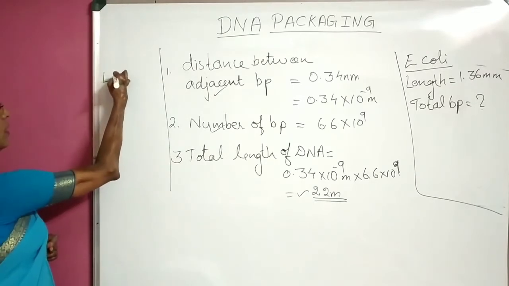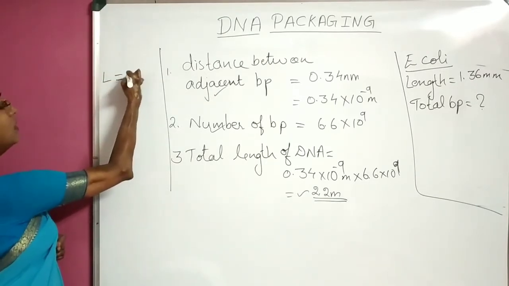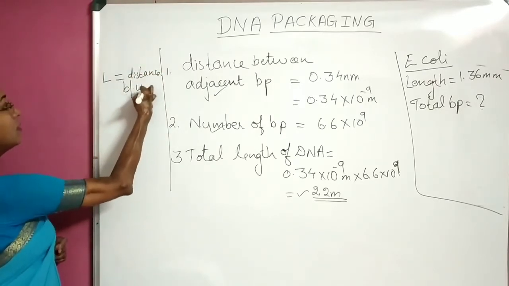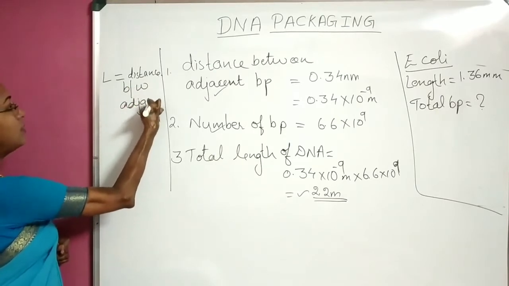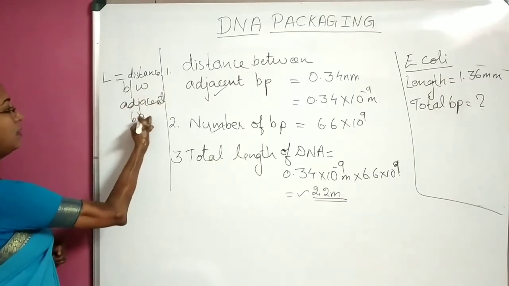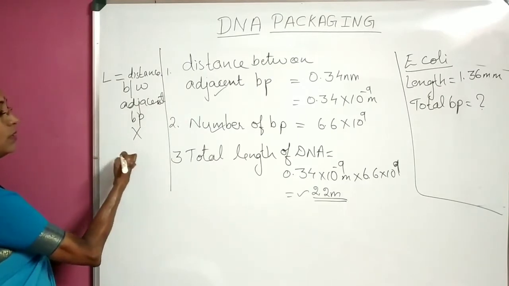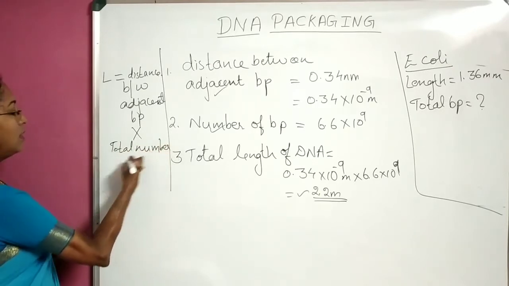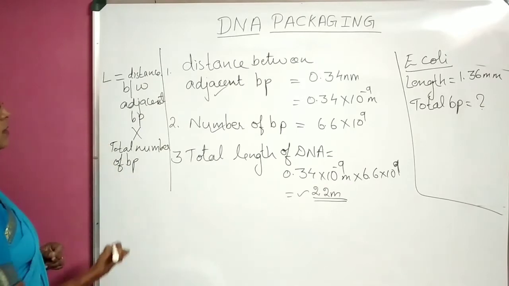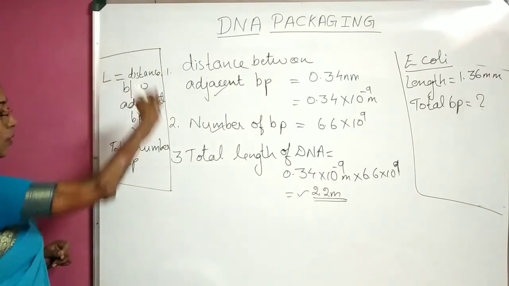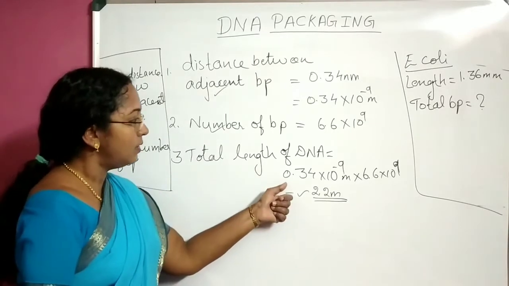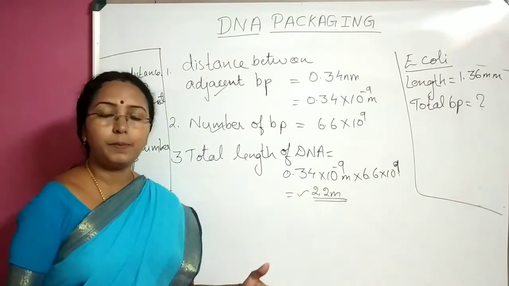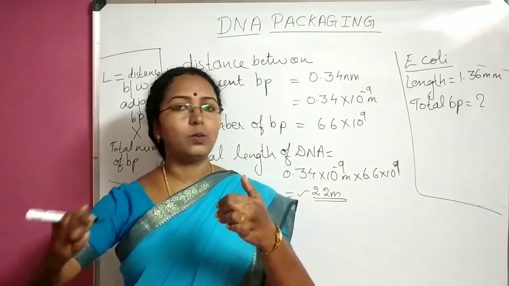The total length is equal to the distance between adjacent base pairs into the total number of base pairs. So this you all should know. The total length is always measured as the distance between adjacent base pairs into the total number of base pairs.